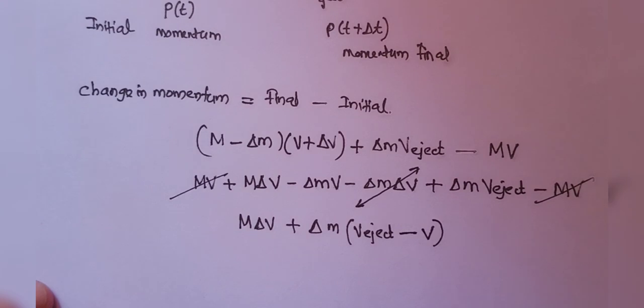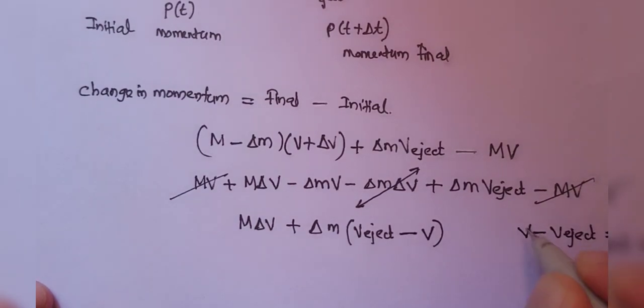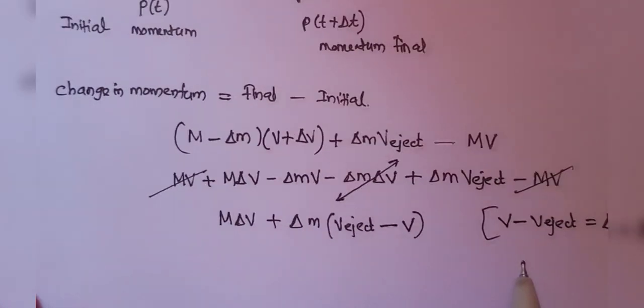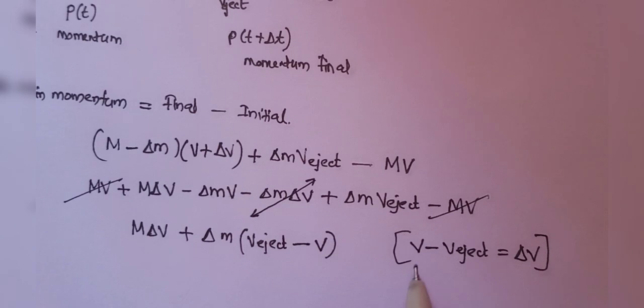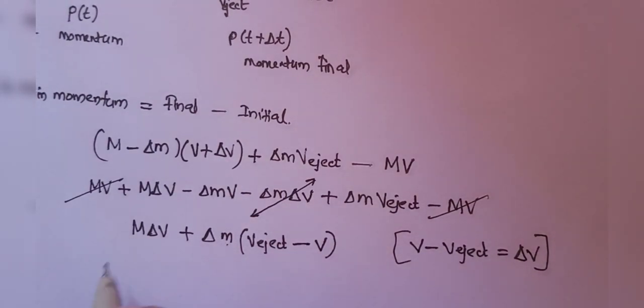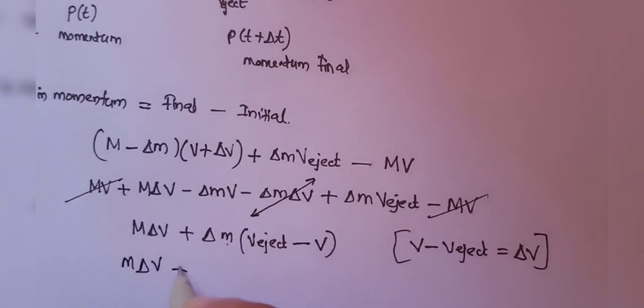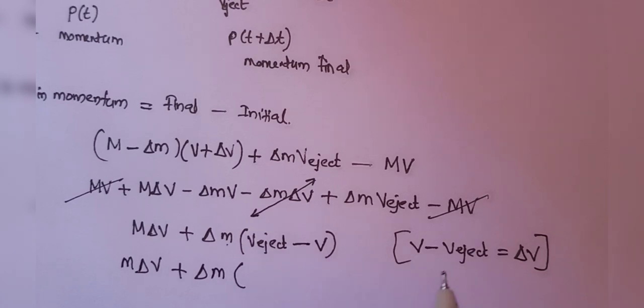Because always you have to remember, whenever we have a forward speed and now something is going to eject, that difference is nothing but delta v. So here you can see it is v eject minus v, but here we can see it is v minus v eject, so a negative sign will come over here. So m into delta v plus delta m into, here v eject minus v, here it is v minus v eject, so definitely it is going to be negative.